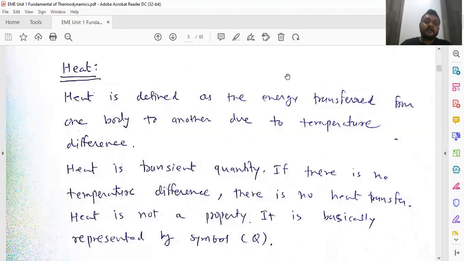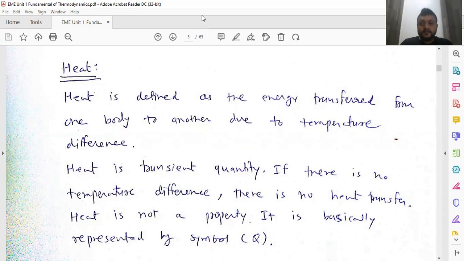For easy understanding of heat, as heat is associated with temperature, we have already defined temperature as the degree of hotness or coldness of a body. So heat is nothing but energy like work. Work is also called work energy, but for ease of speaking, we normally call it work. And heat is also considered energy, but we normally call it heat for ease of speaking.